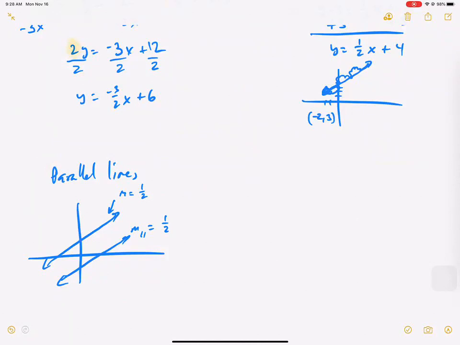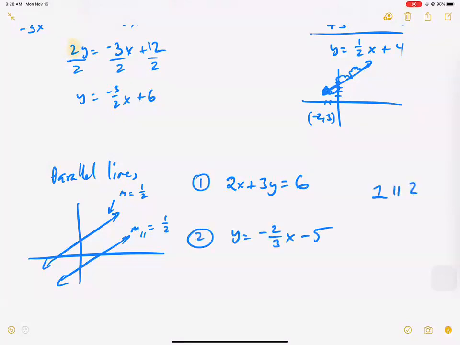So how do I tell lines are parallel? Let's go and look at these two examples. If I say 2x plus 3y equals 6, and y equals negative 2 over 3x minus 5. Is line 1 parallel to line 2?